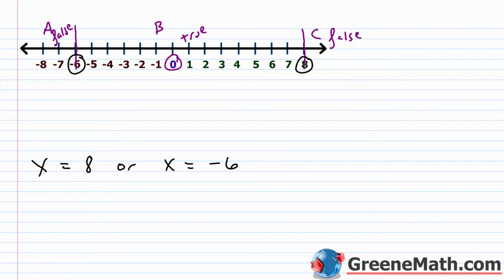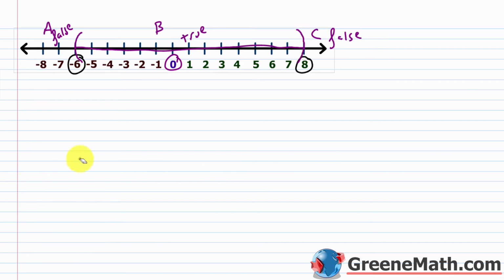Now you're working with a strict inequality here, so your endpoints or your boundary points are not going to be included. So graphically, I would put a parenthesis at negative 6 facing to the right, and a parenthesis at 8 facing to the left, and I would just shade everything in between. So anything larger than negative 6 up to but not including 8 would work as a solution for that inequality.